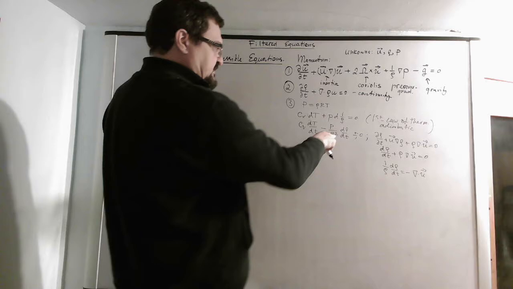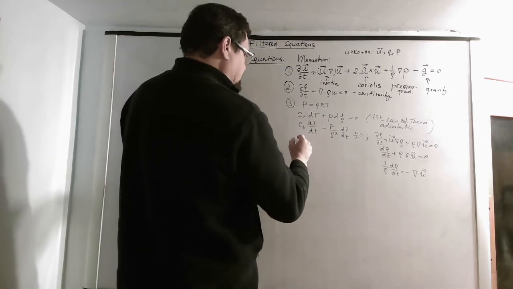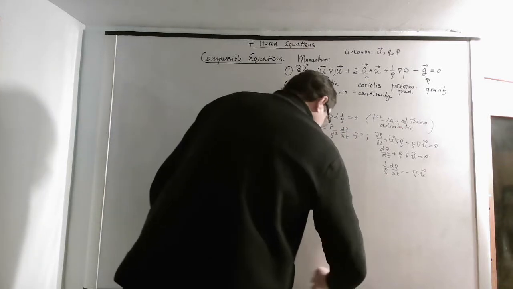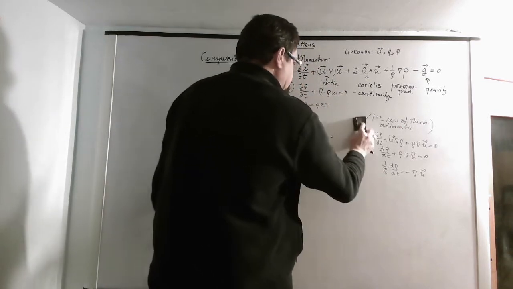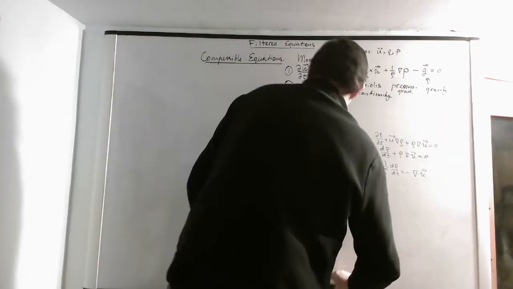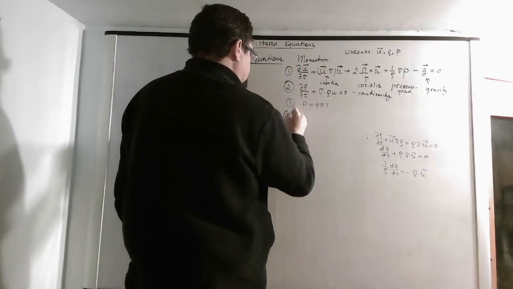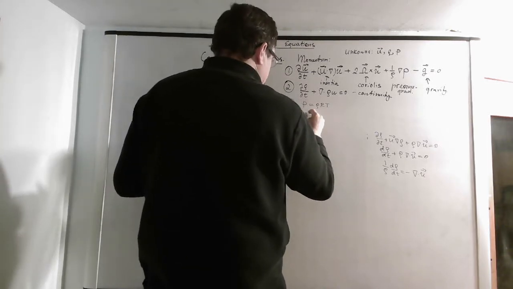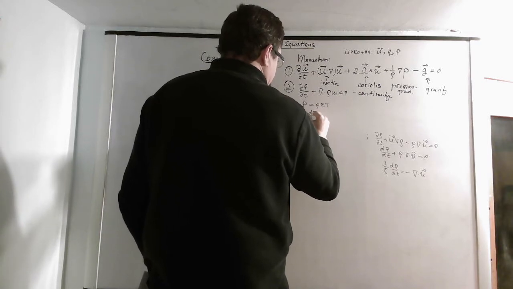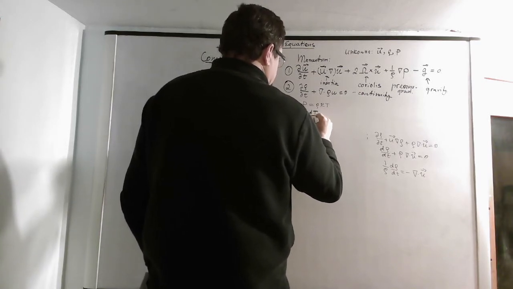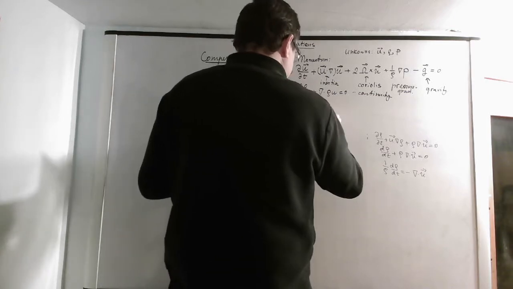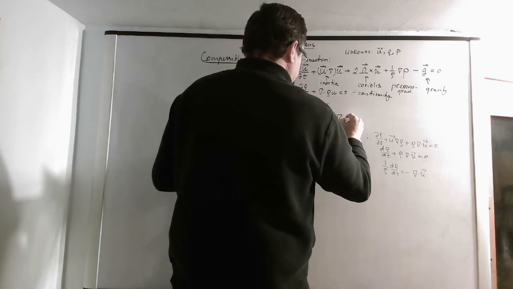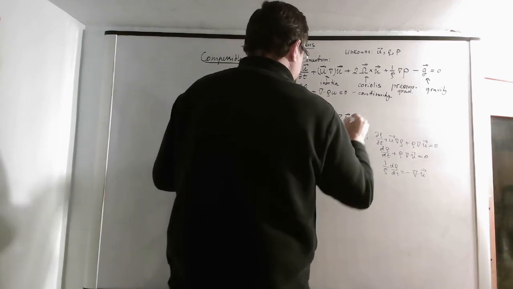So we use this in here, and if we substitute this 1 over rho d rho dt, then we will have our fourth equation as Cv dT dt plus P divided by rho divergence of u equals to 0.